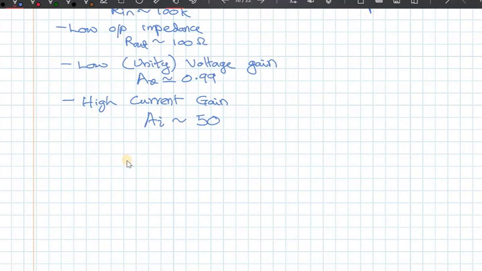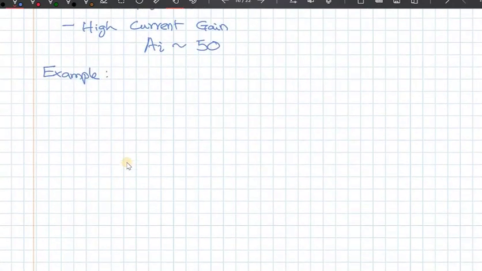If I look at an example, the circuit would look very similar to the previous circuit, but you don't have a collector resistor.